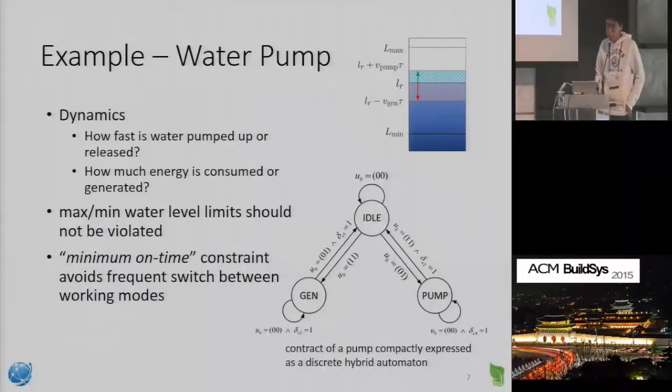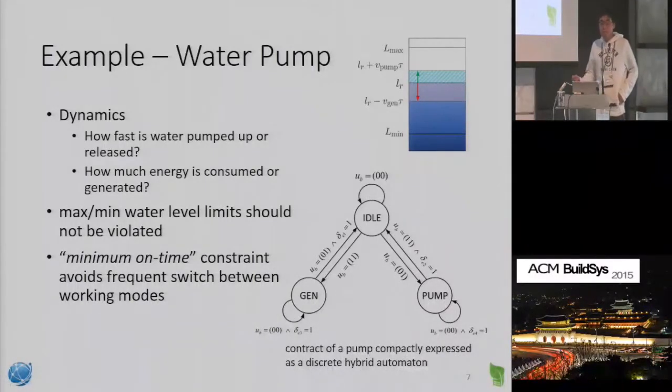Okay, let's look at two more concrete examples. So we have a water pump shown on the top right corner. To specify the water pump, as we know, the water pump consumes power when water is pumped into the tank, and it can generate power if we release water out of it.